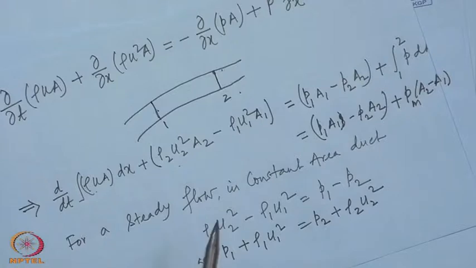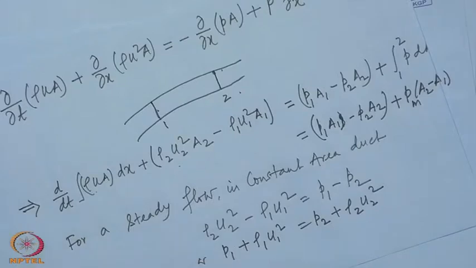Now, this integral form of the momentum equation is more general than the differential form, because this integral form is applicable even when there are dissipative processes within the control volume, provided that the reference stations 1 and 2 are in equilibrium states.